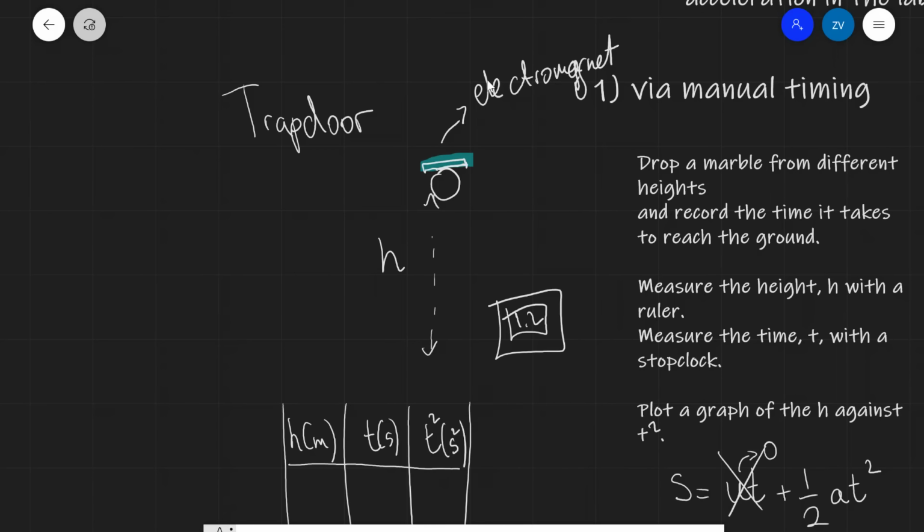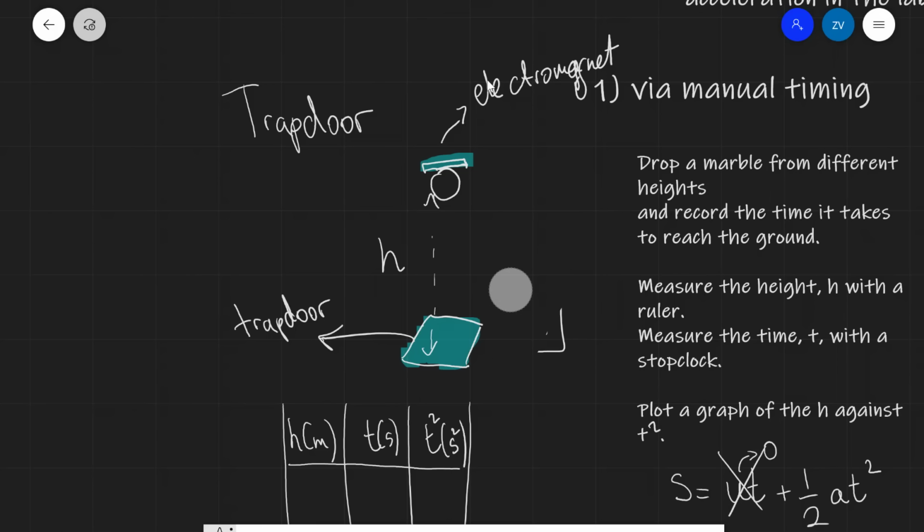The electromagnet is connected to a trapdoor, like so. This over here is the trapdoor. Together they're connected to a timer, so I'll just draw a little timer on the side.